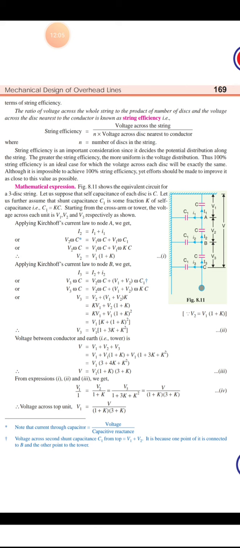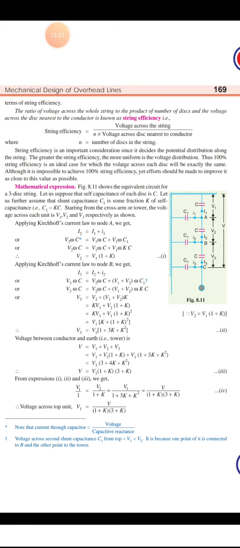Therefore, unequal potential distribution is undesirable, and that should be expressed in terms of string efficiency, the ratio of voltage across the whole string to the potential.